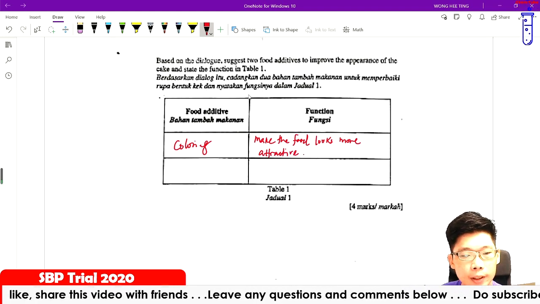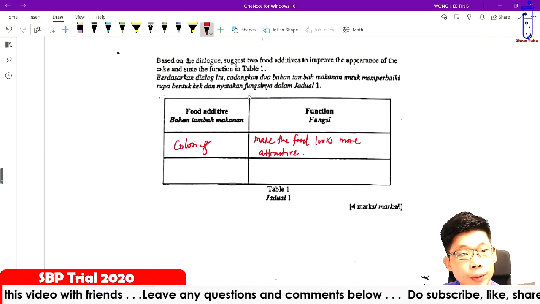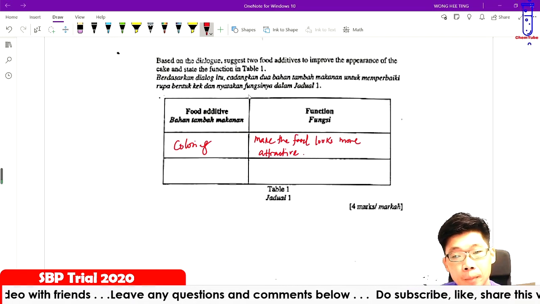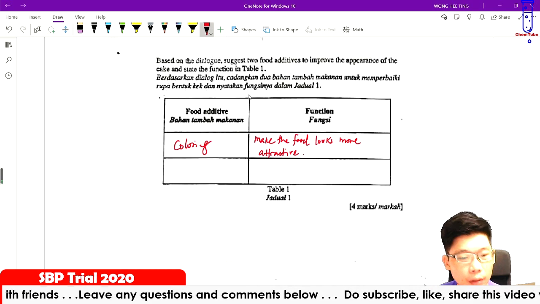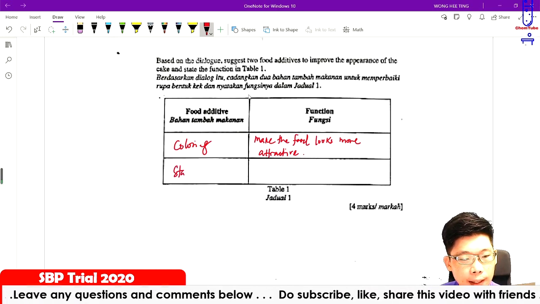Another one is to make the texture of the food become smoother. Actually that one is under stabilizer.